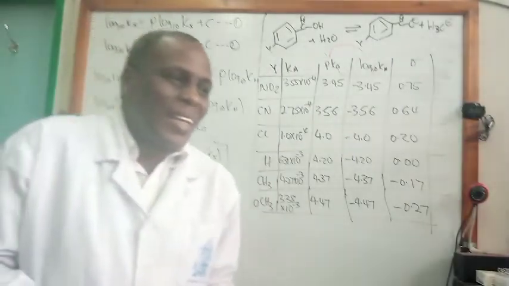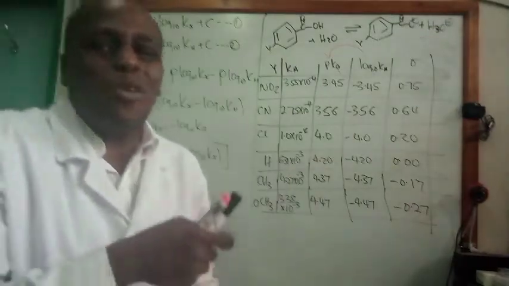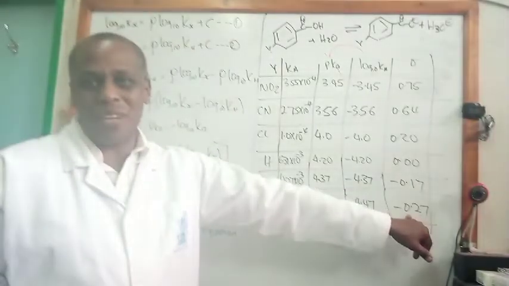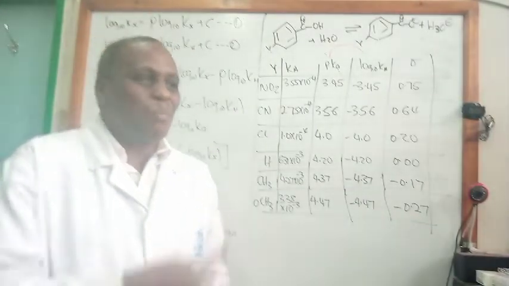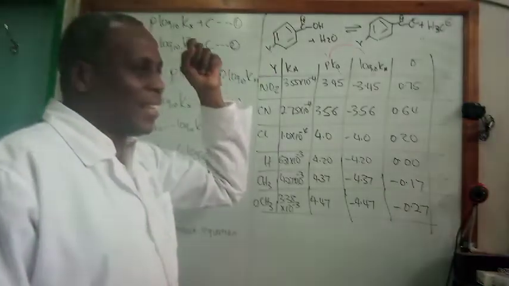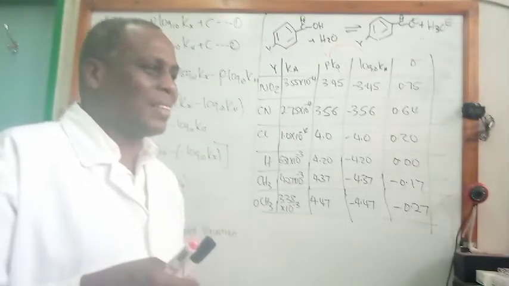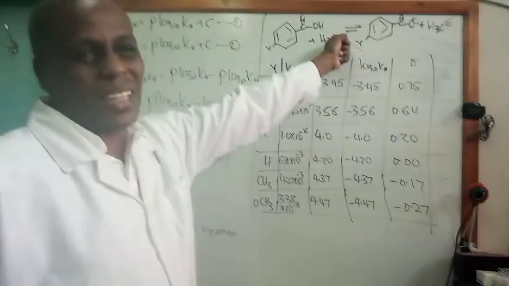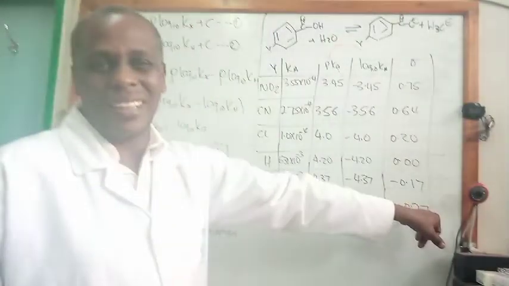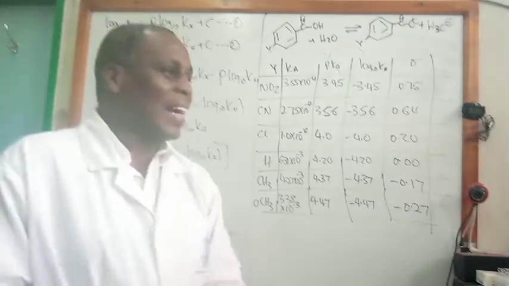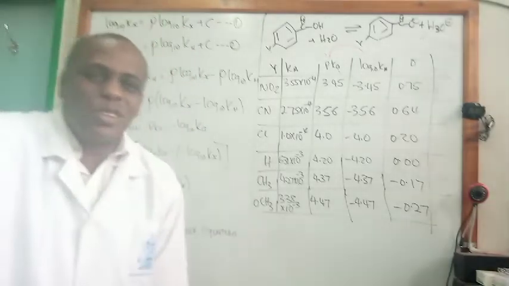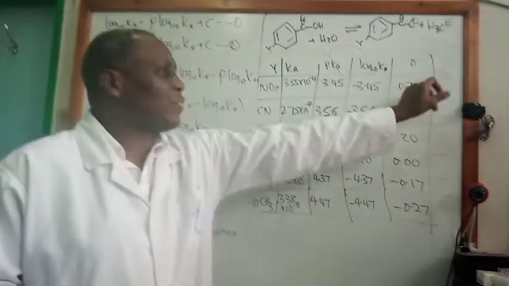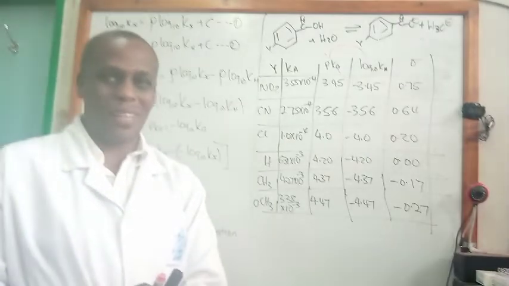The more the group attached to the benzene group donates electrons to the benzoic acid, the more negative the sigma value. And the more it withdraws electrons, like in this case for the nitro group, the more positive the sigma value. So can you see that?